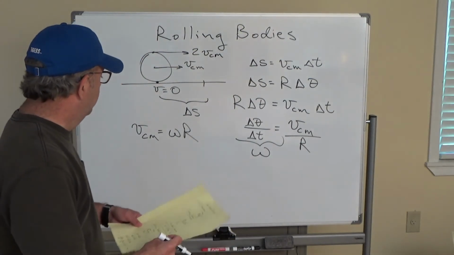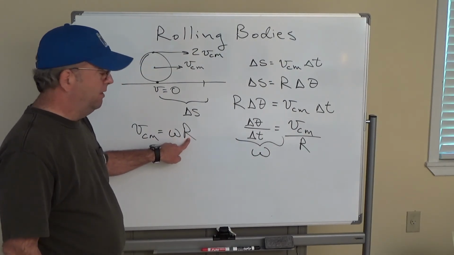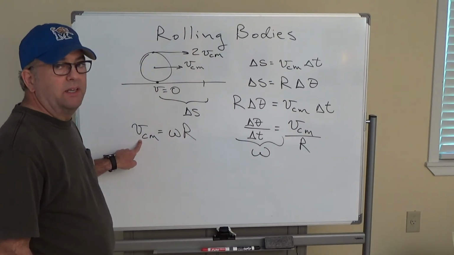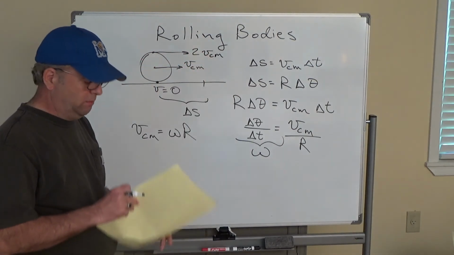But this is nice because if you know the angular velocity and the radius, you can easily calculate the velocity of the object as it's rolling. Okay?